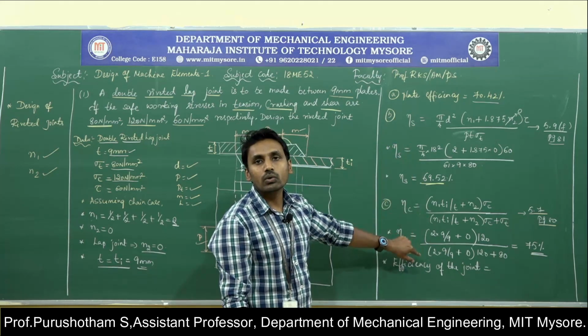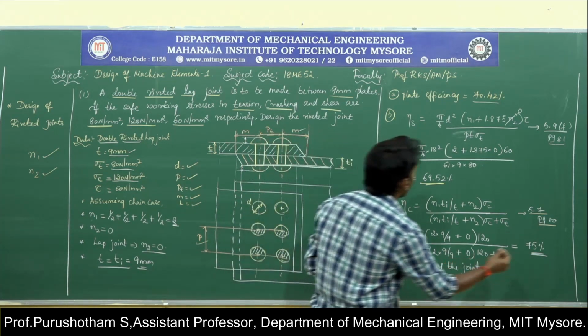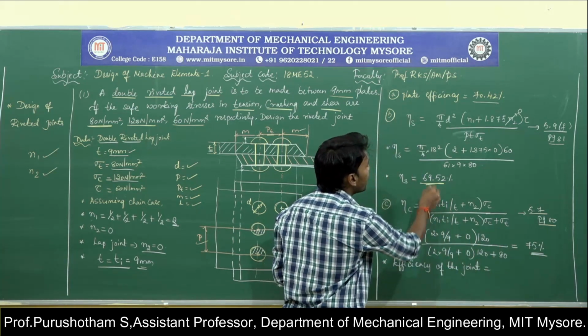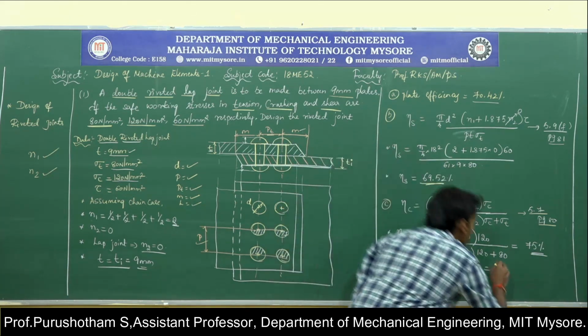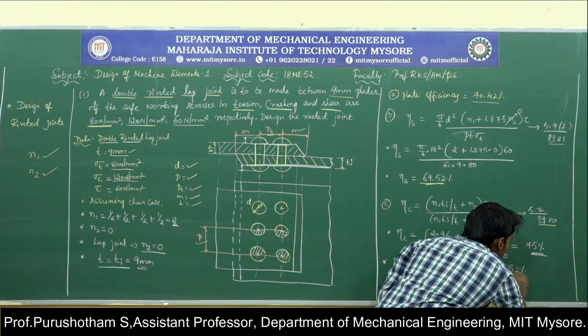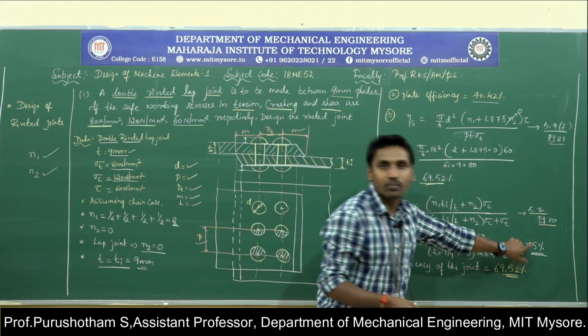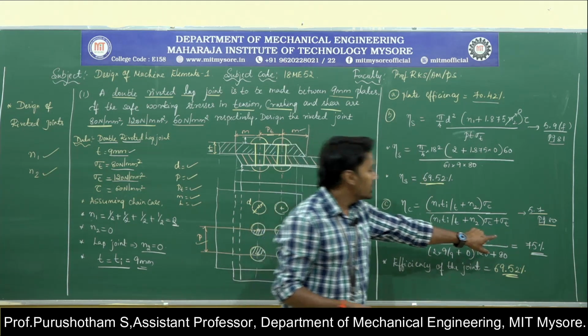Out of these three, 69.52 is the least value. So the efficiency of the joint is given by 69.52.